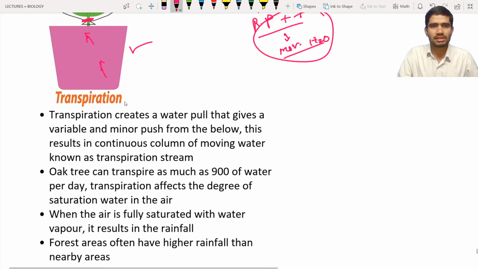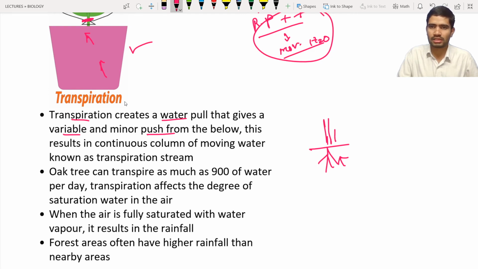Okay, next, the transpiration is going to create a pulling effect on water, and there is also a push from below. When there is transpiration, the roots push the water, due to root pressure and the transpiration pull, which can be seen in the plant.